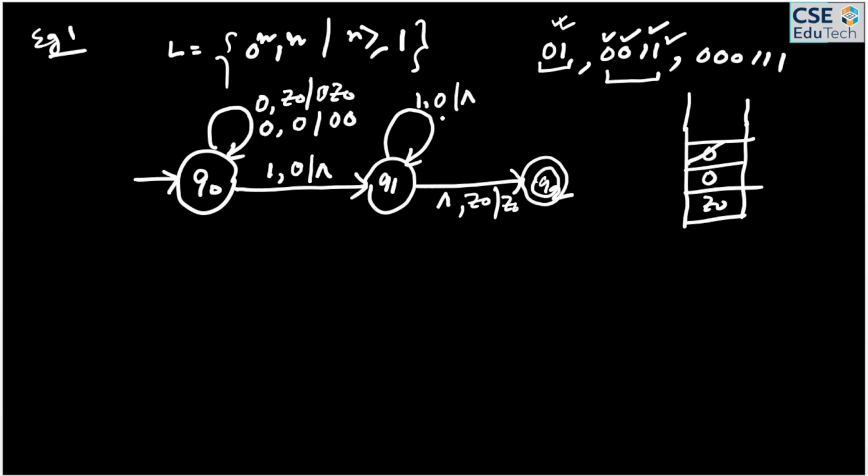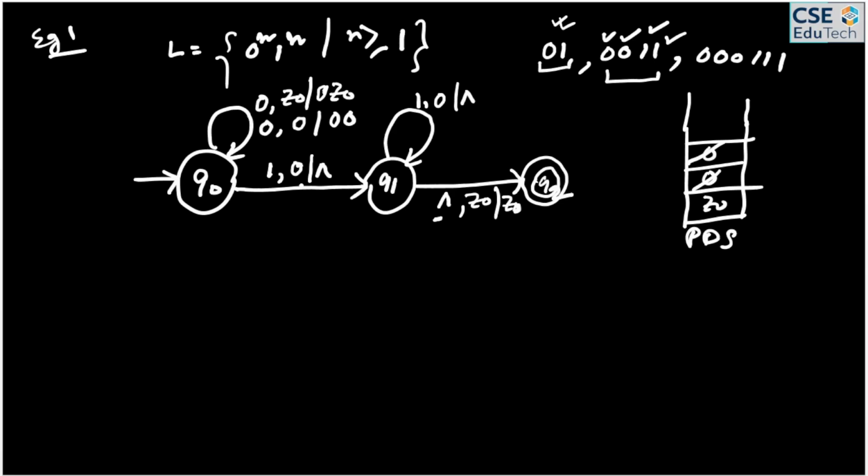So by using this loop here, we can count the same number of 0s followed by the same number of 1s. Now it will be replaced by null, and the string is exhausted. At that time the topmost symbol of the stack is Z0, so just replace this Z0 by Z0 and you reach the final state, which is q2.